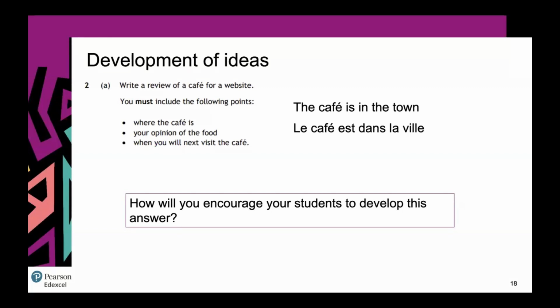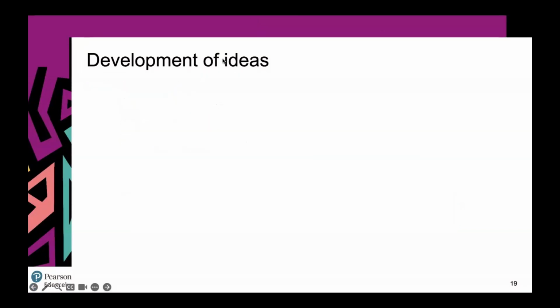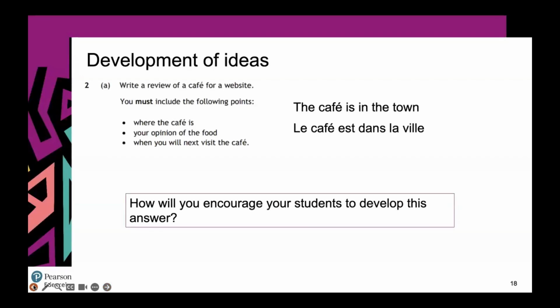Thinking that this is a foundation student, how would you encourage them to add further details? As I say, we're talking about foundation students. Perhaps you could add some ideas again in our chat box. Apologies, as to how you would get your students to add further details.